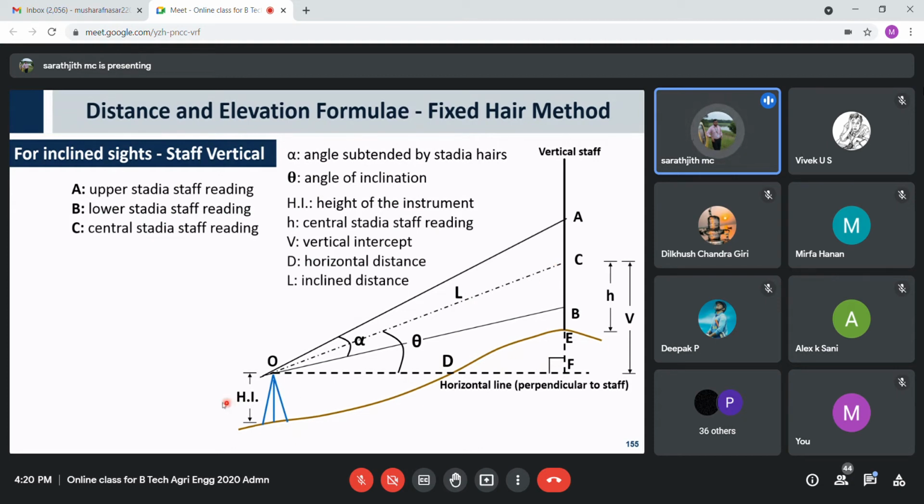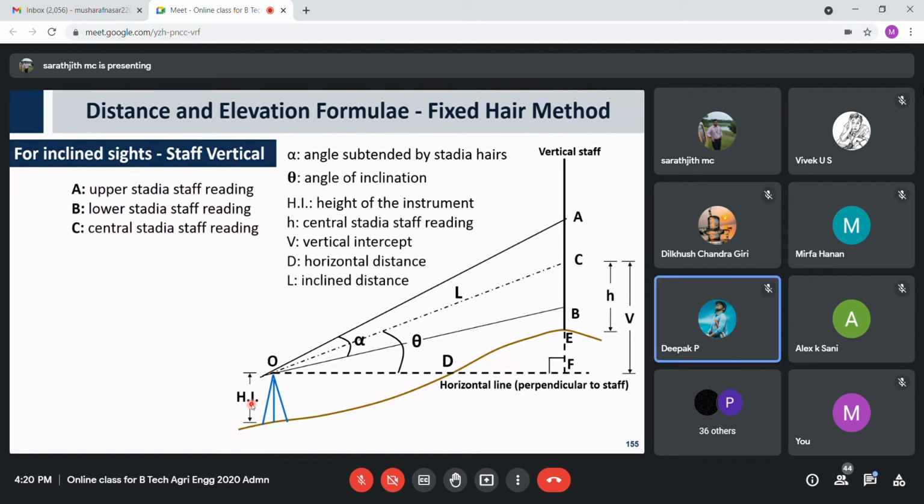And hi is the height of the instrument. All these terminologies are familiar to you now, right? So I don't have to explain much. Is that clear?